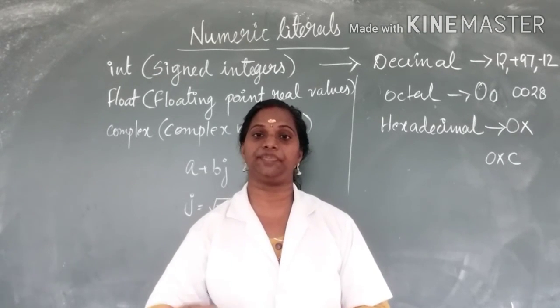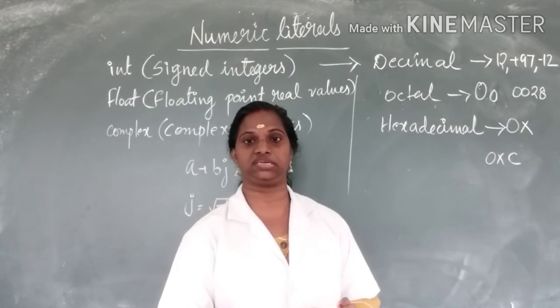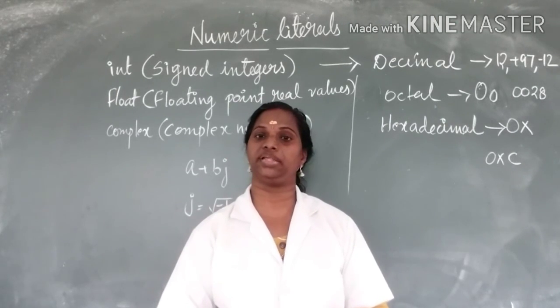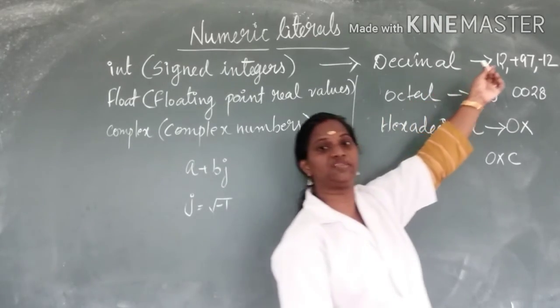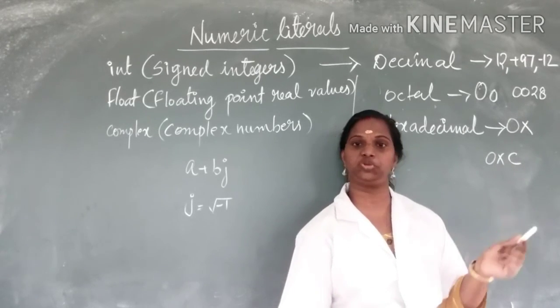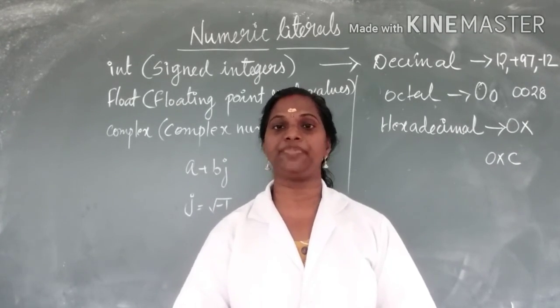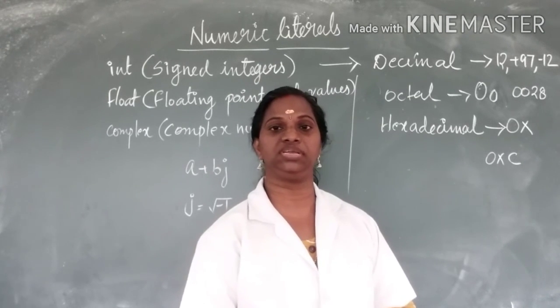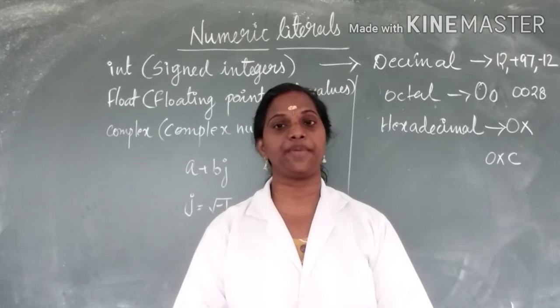Decimal integers are also a sequence of characters. They may contain the plus or minus symbol. These are examples of decimal integers: 12, plus 97, minus 12. When we write a number with the plus symbol, it will be taken as a positive integer, and with the minus symbol, it will be taken as a negative integer.